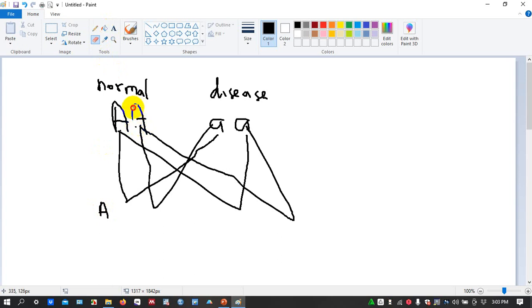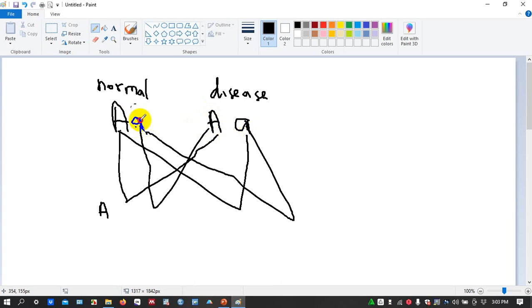So they are carriers. Both parents are carriers, meaning that they don't have the phenotypic expression, or they are not showing the alkaptonuria. They are not having the disease, but they carry the gene for the disease. So we have this.